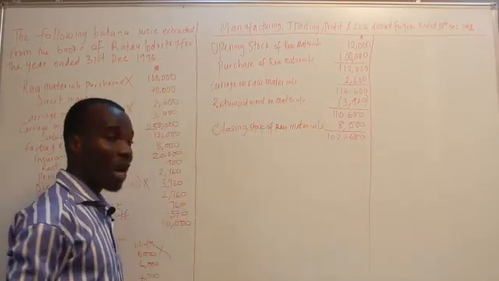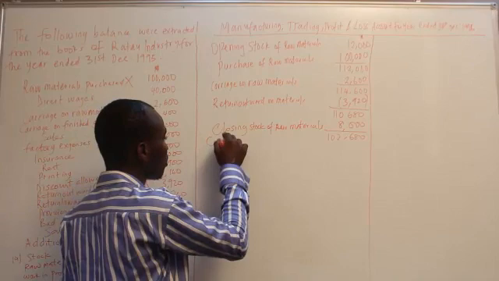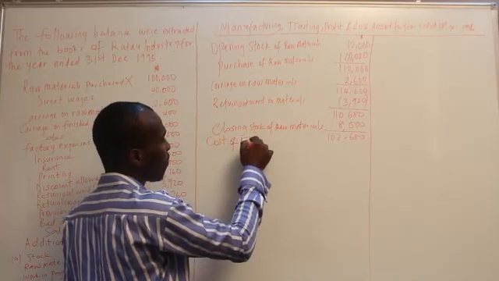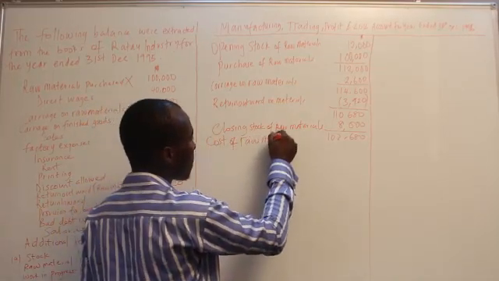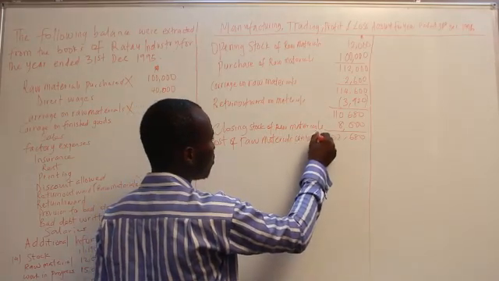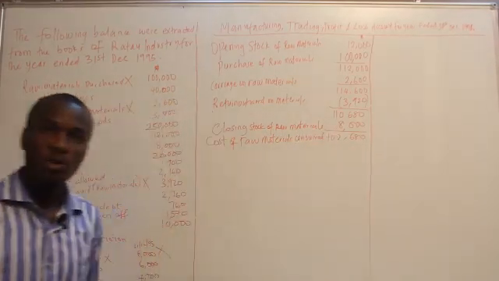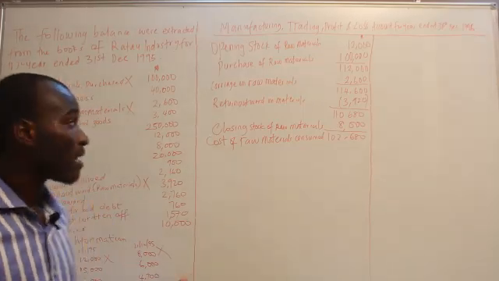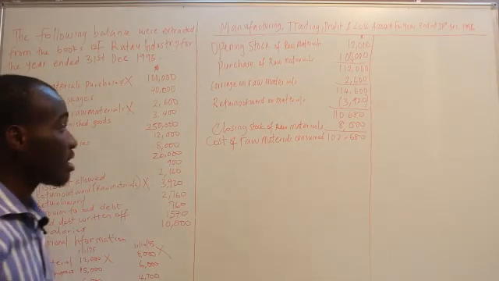Then the figure we have has become what? Cost of raw material consumed, which serves as the direct materials in the manufacturing process.